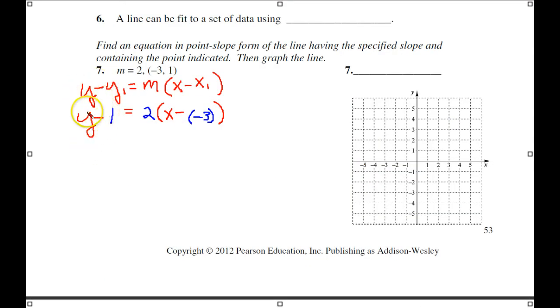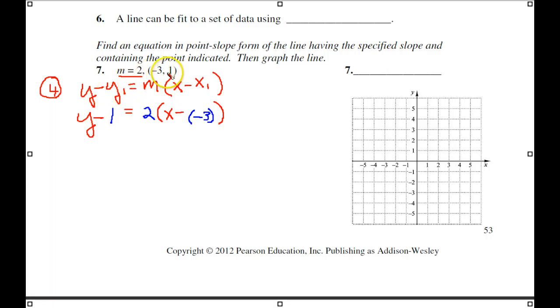So in example 7, it's asking us to find a graph or an equation using the point-slope form, in which we have the slope of 2 and the 1 point, -3, 1. So there's formula 4, and I'm going to substitute.